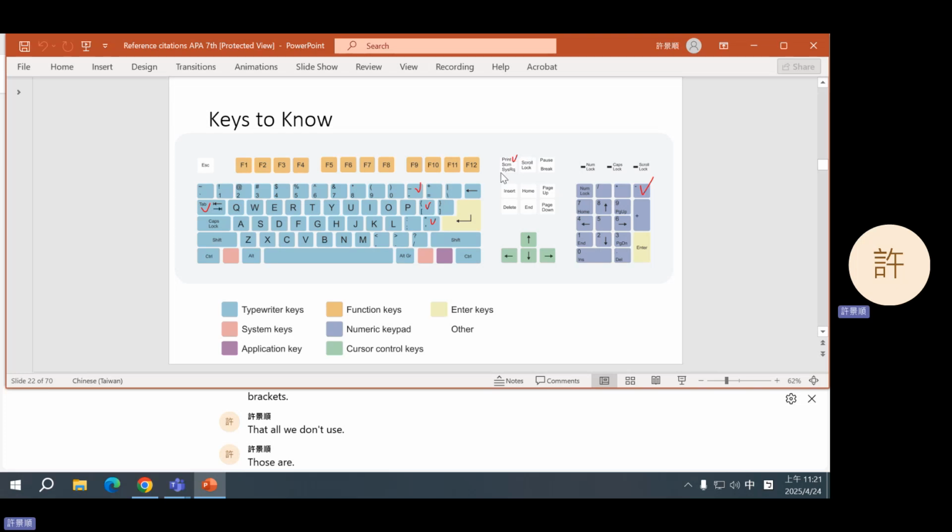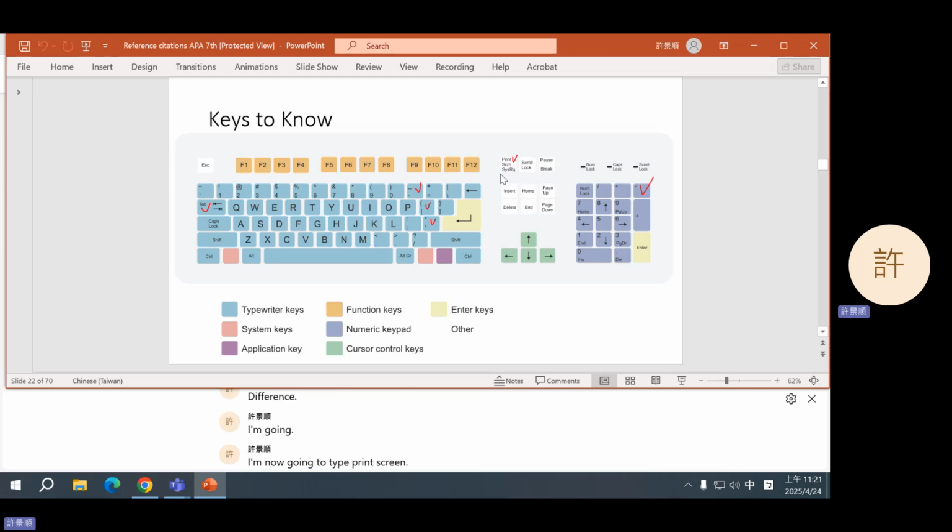This key is the print screen system request key. System request is no longer something that we need to use, but print screen will now give you a screenshot. Hit print screen here. Let me show you. I'm now going to type print screen.